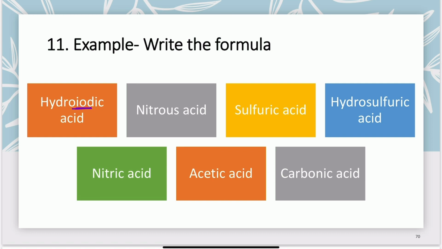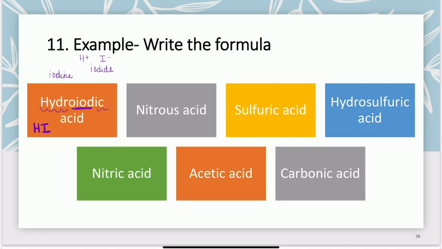Sorry, my brain completely just spaced out there. I've got hydro in front and ic, which means it came from iodide. Iodide is I minus, and I added enough protons to it to make it neutral, which means H plus. So hydroiodic acid, HI.